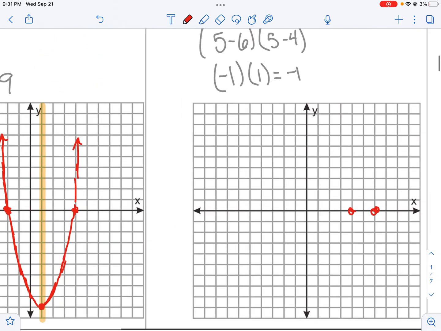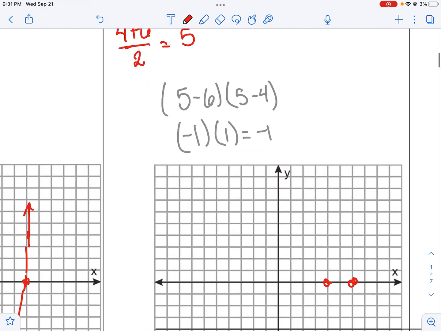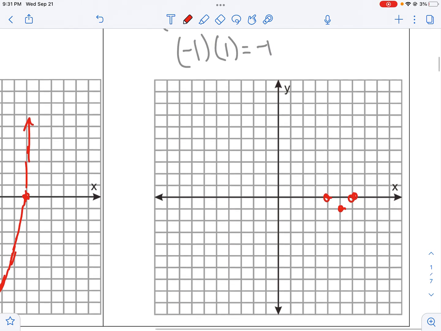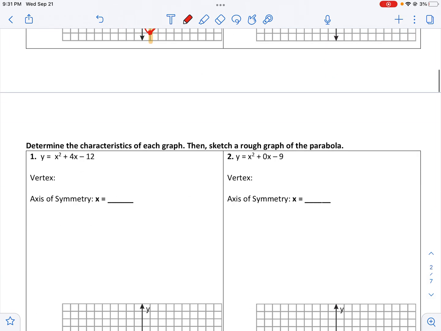That's where my graph would cross the y-axis. So let me make my vertex at 5, negative 1. And I'll do my best to graph a little bit of a parabola there. Not super precise, but that's not really what we're looking for in this video.